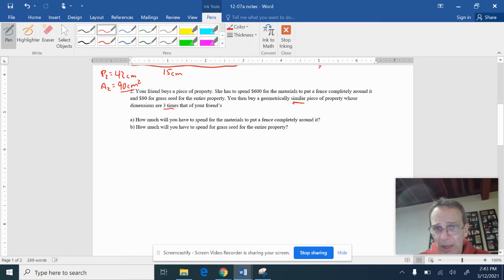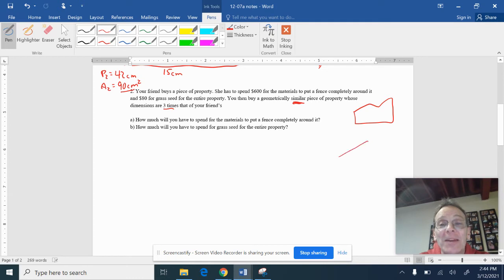Now, this problem does not describe the shape of the property at all. You probably picture the piece of property as a nice rectangular plot of land, but it doesn't have to be, right? It could be a piece of property that is quite jagged and has all kinds of twists and turns in it. But then you buy a similar, geometrically similar, okay?